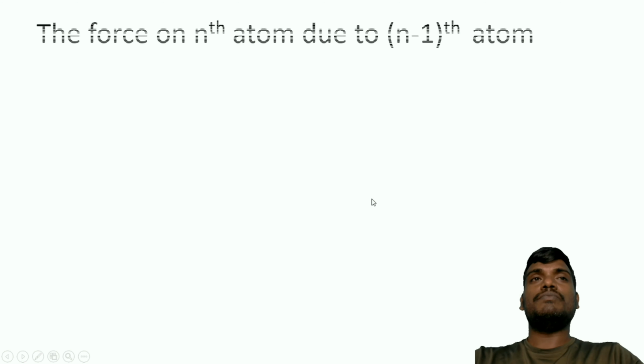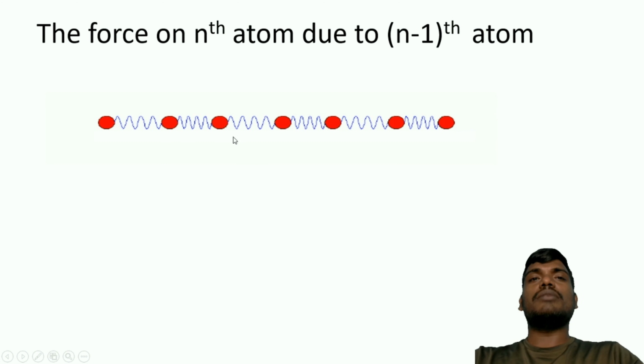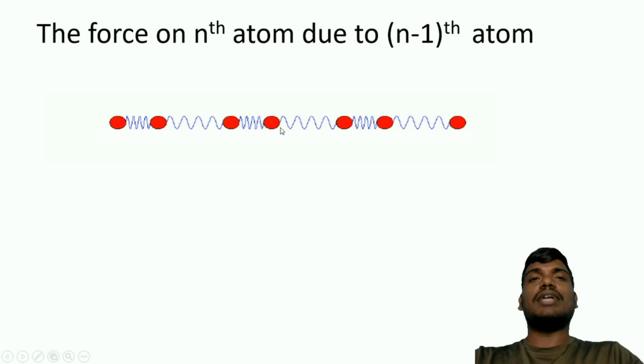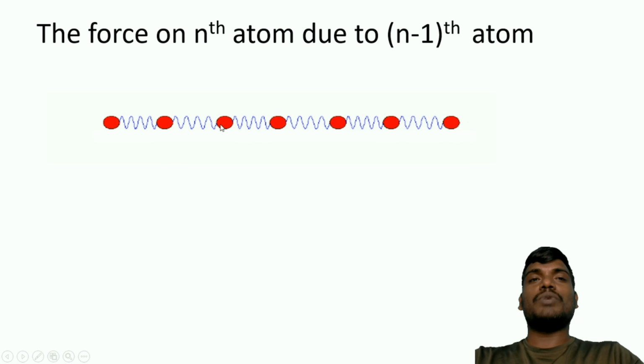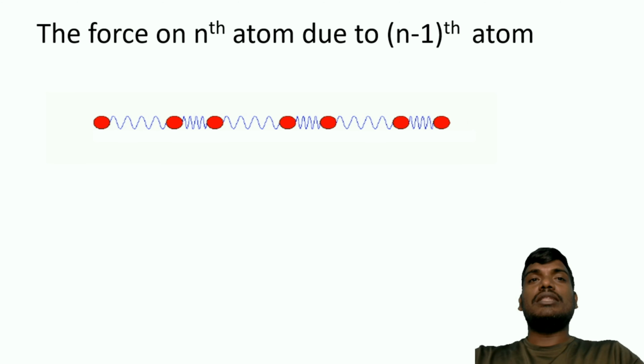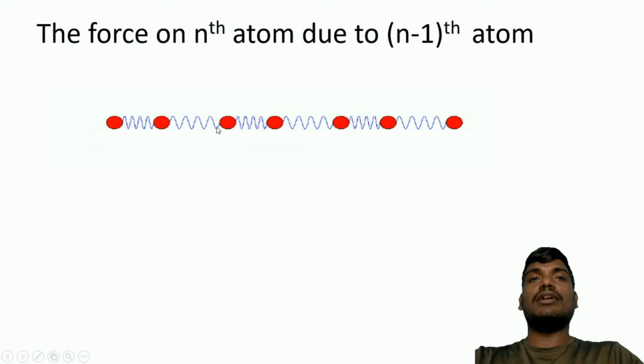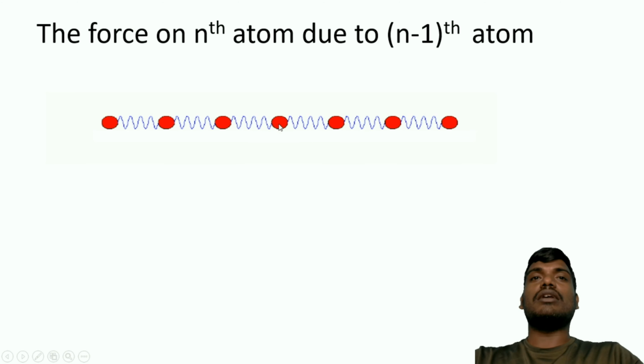Next, the force on the nth atom due to the n minus 1th atom. For example, when the atoms are vibrating, this atom is the nth atom and this is the n minus 1th atom. The oscillations of the neighbouring atoms create some force on the nth atom.